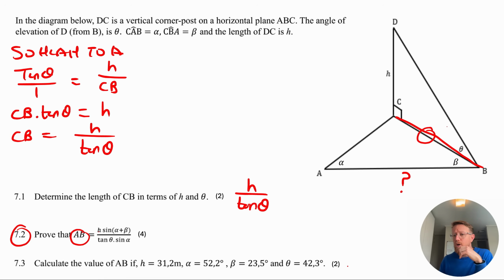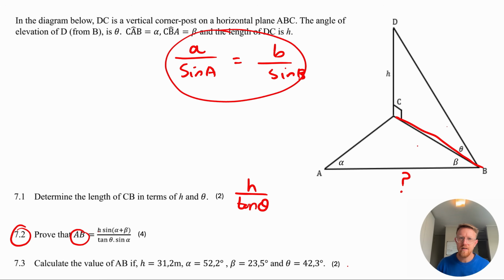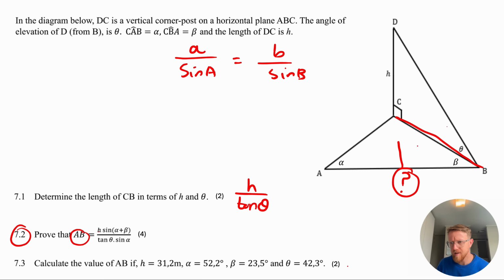So this looks like a good setup for a sine rule. We know that it's a over sin A equals b over sin B. And it's not a 90-degree triangle, so we're not going to use SOHCAHTOA. This formula is all about the opposites. So this side is opposite that angle there, so we need to go calculate that angle.